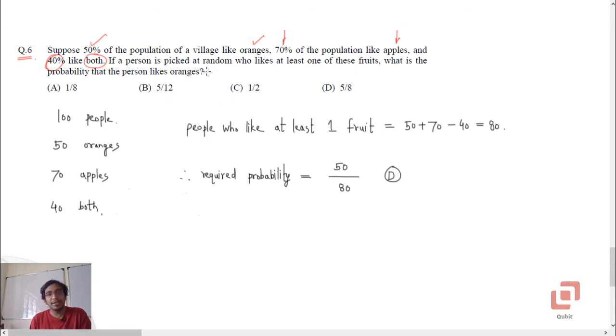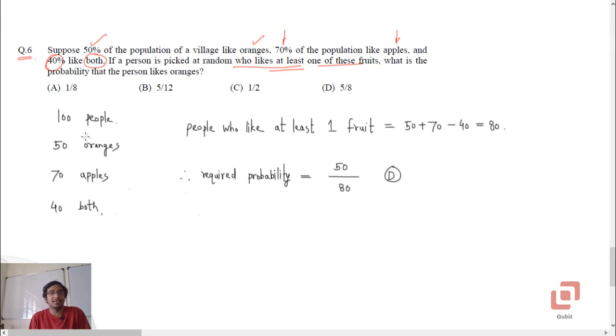If a person is picked at random who likes at least one of these fruits, what is the probability that the person likes oranges? And we have all 4 valid probability numbers, that is positive but less than 1.